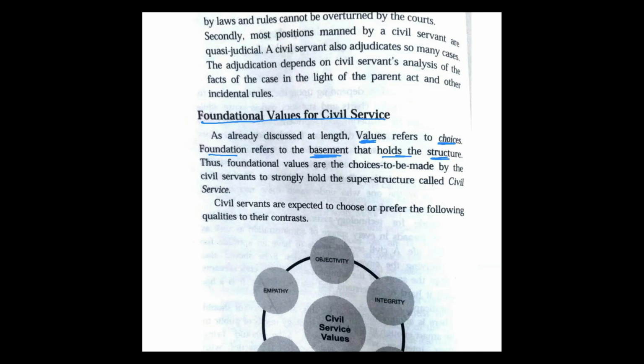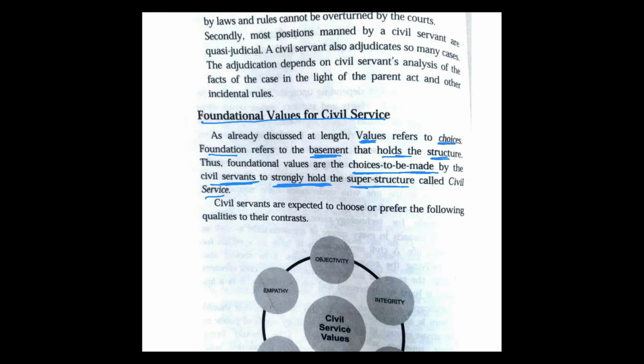Like we say foundation course, in UPSC all institutes say foundation course, meaning you need to have that base thing. Thus foundational values are the choices to be made by the civil servant to strongly hold the superstructure called civil service. What values do you hold to strongly hold the civil service? What values are you imbibing or practicing? That is the foundational values.